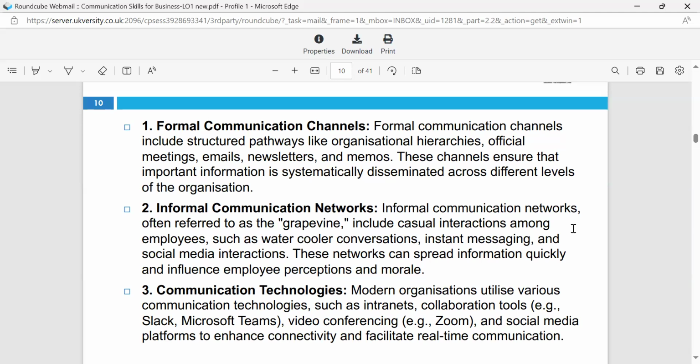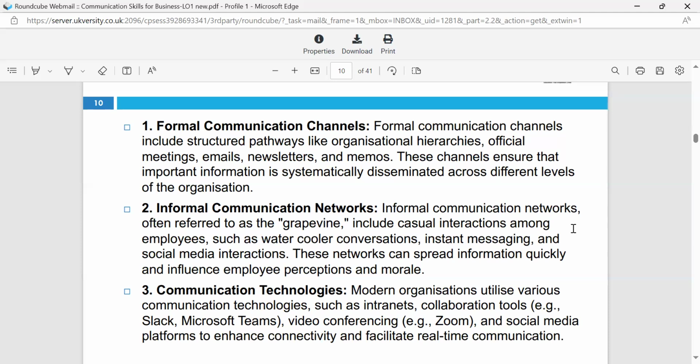Then we have another form which is horizontal, also known as lateral communication. This type of formal communication takes place between co-workers who have different roles but are at the same hierarchical level within an organisation.